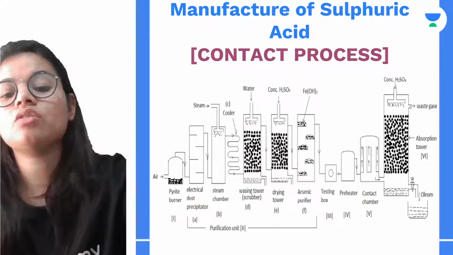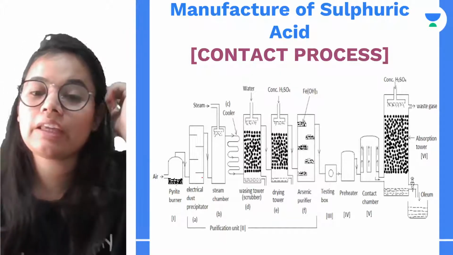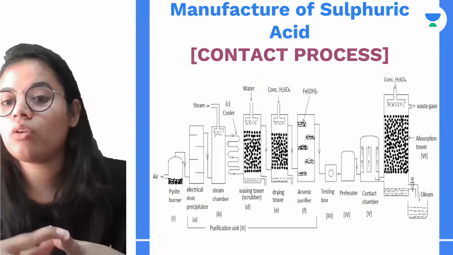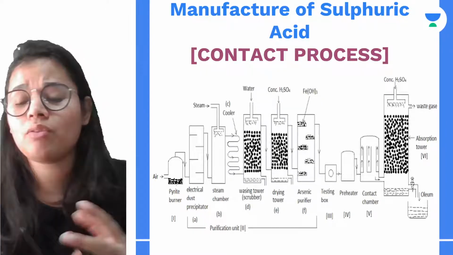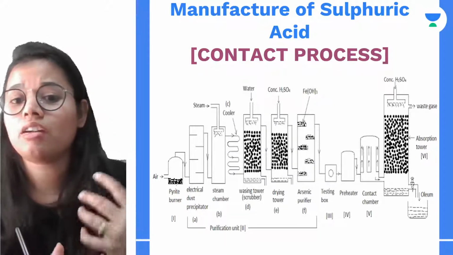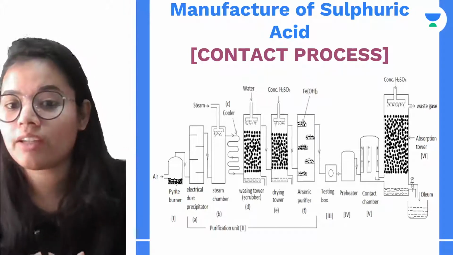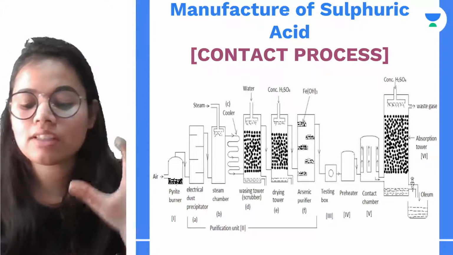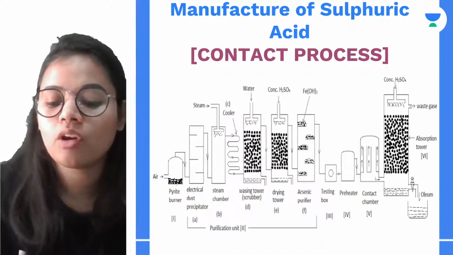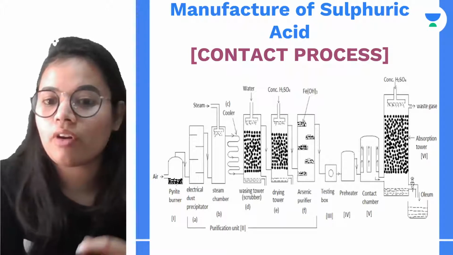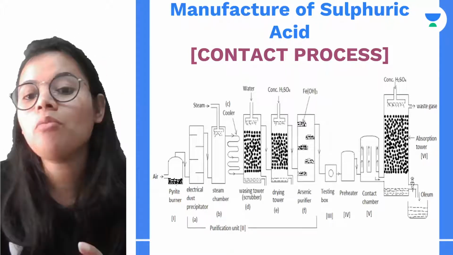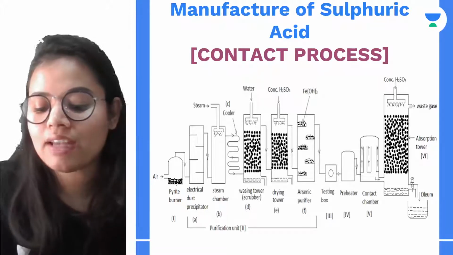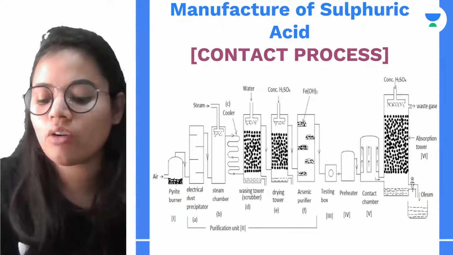Now students, what is the important thing that you should note here? As I told you, we are going through the preparation of various compounds. We learned about nitric acid, we learned about hydrogen chloride, that is hydrochloric acid, and now we are learning about sulfuric acid. Every process has its own name, so it is very important that you remember the name of the process, because you might be asked to tell about the contact process.